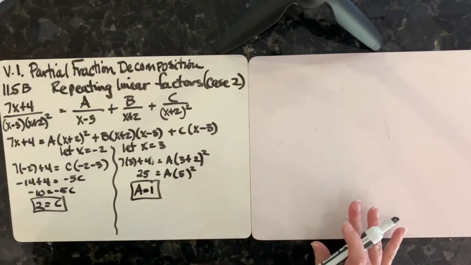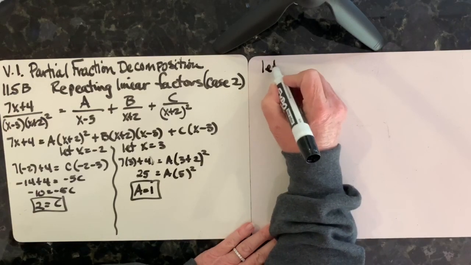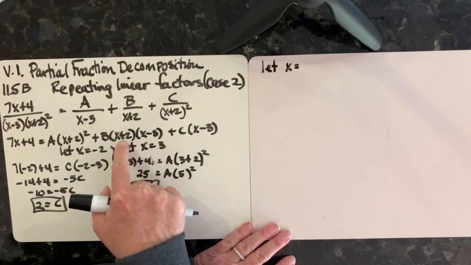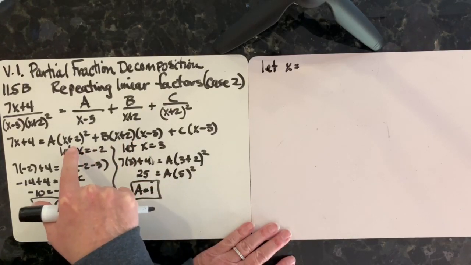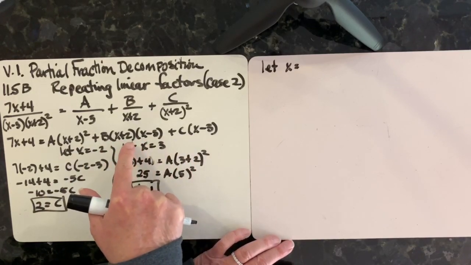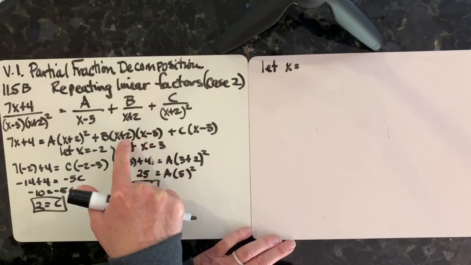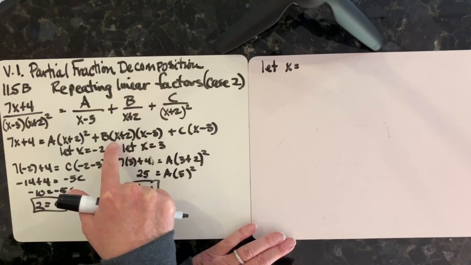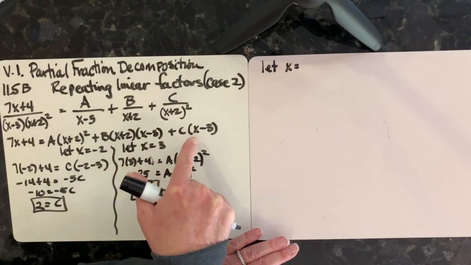So the next thing I'm going to do is I'm going to let x equal a number that's going to make these really, really close to 0, but maybe not 0. I can choose any number I want, all right? I could choose 0, but then these are going to get a little bit bigger. So I think I'm going to let x equal 1, and I'll sub it in everywhere.